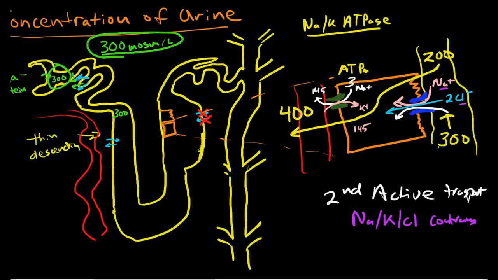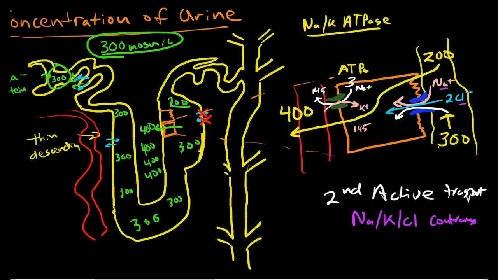Okay? So if we're starting out with an osmolarity of 300, nothing changes until we get up here, and then all of a sudden we have an osmolarity of 200, right? Why did this osmolarity drop? Well, because we pumped ions through the cell and into the interstitial fluid. So this interstitial fluid has now become higher concentrated, right?